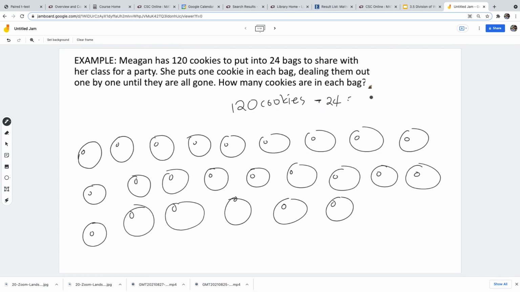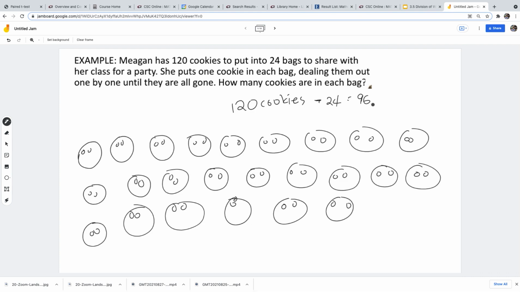And what do I have left? 96, right? 96 cookies. And I can give away the second cookies equally, so each person now has 2 cookies. And right now the process looks like I'm subtracting repeatedly, right?